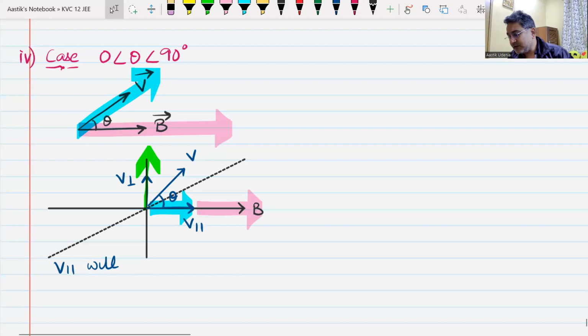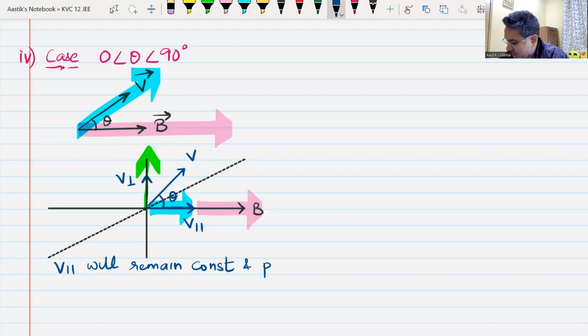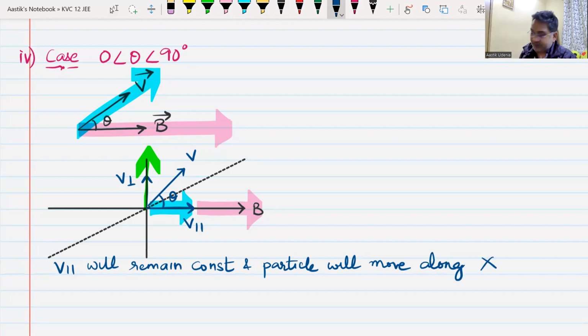The parallel component of the velocity will remain constant. Do we understand this? And the particle will move ahead along the x-axis in this particular case.